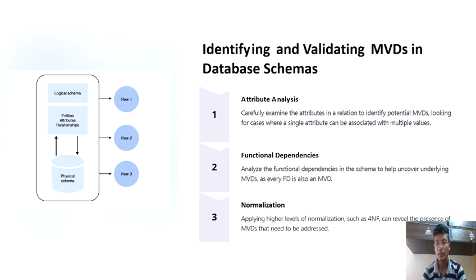Functional dependency: analyzing the functional dependencies in a scheme helps uncover underlying MVDs, and every FD is also an MVD. Normalization: applying a higher level of normalization such as 4NF can reveal the presence of MVDs that need to be addressed.